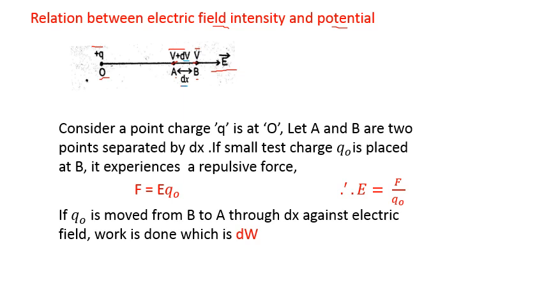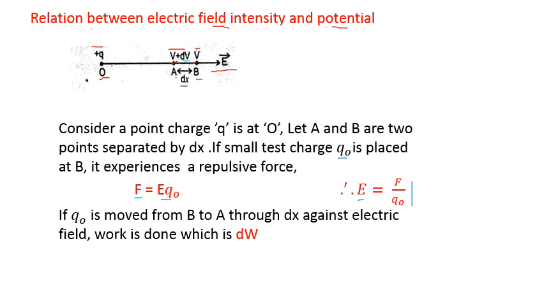Now, to move this test charge Q0 from B to A, some work is done. Clear? Now, when this test charge is at point B, it will experience a certain force. That force is a repulsive force, given by the formula E into Q0, because E is nothing but force per unit charge.